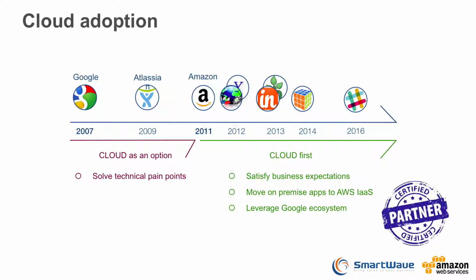But from the moment we began to use AWS in 2011, we also adopted a cloud-first strategy. And now most of our systems are in the cloud. This cloud-first strategy helped us build our legitimacy and led us in 2016 to become an AWS consulting partner. Now, let us share with you our experience.